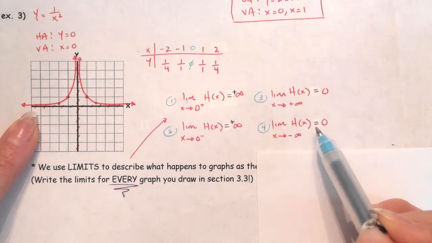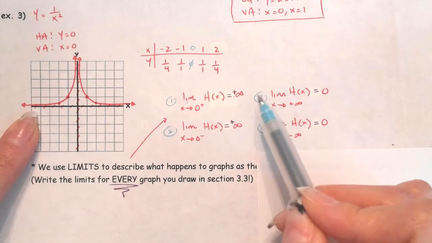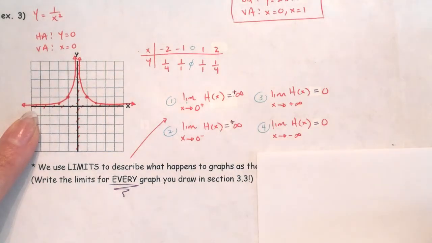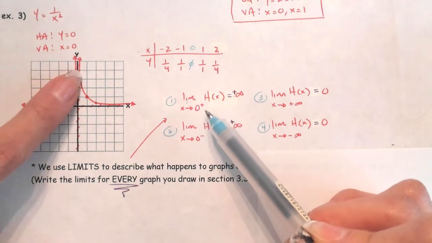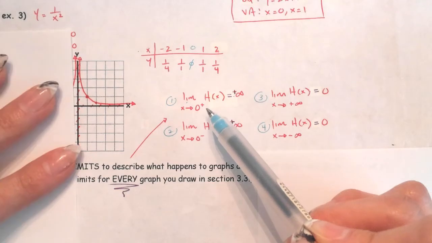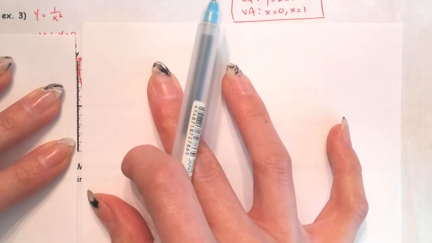of y is 0. So these are basically y values, and limits are like, what is the y value at that place? To the right of this vertical asymptote, just to the right, the y value is positive infinity.